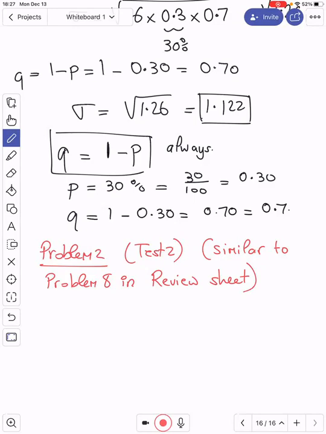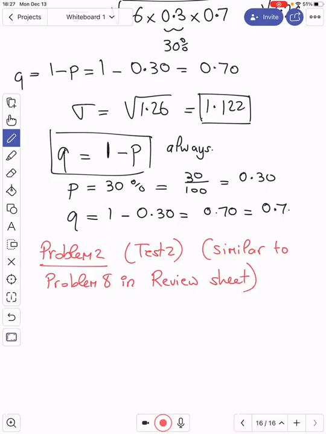It's just up to you guys. However, the difference is that in problem 2 in the test we had 3 different questions, but in problem 8 in the review sheet there are 4, and the last one is different because that's from section 7.5. So let me discuss the problem in the test first.